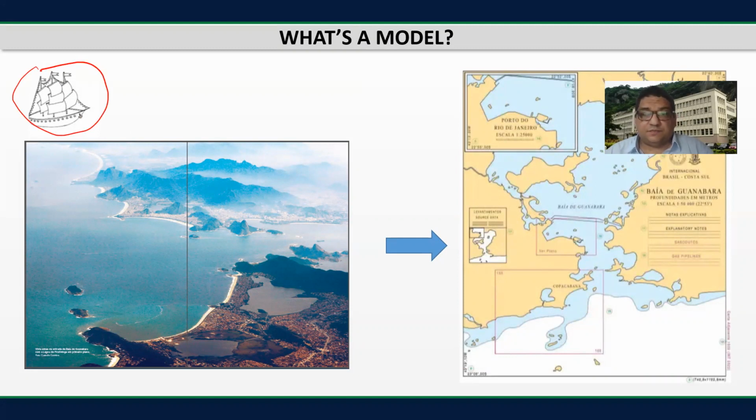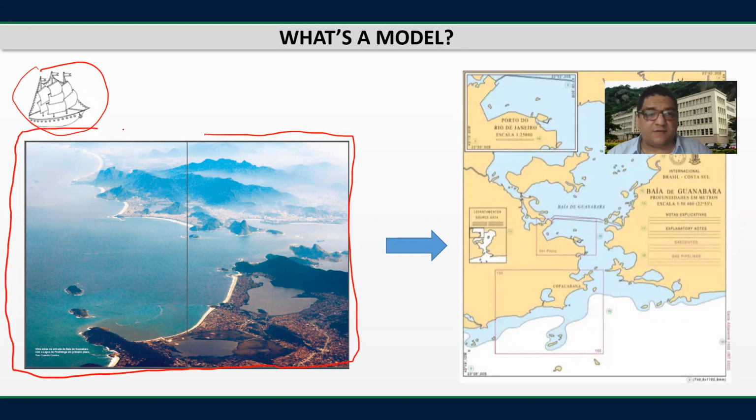For instance, he can take a photograph, and, okay, here I have a Bahia de Guanabara Bay photograph. And I can use this photograph to come into Bahia de Guanabara Bay.